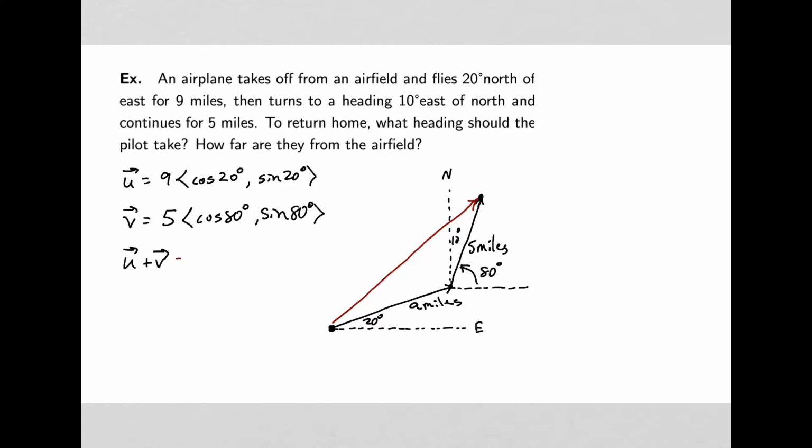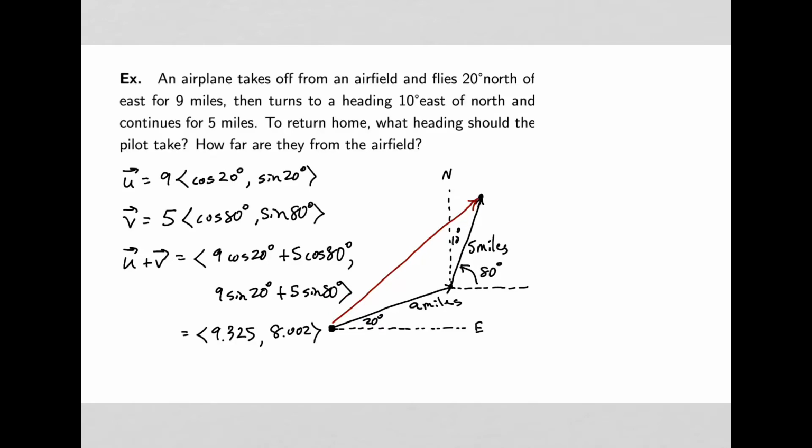But if we come in here and say that this is equal to 9 cosine 20 plus 5 cosine 80, comma, 9 sine 20 plus 5 sine 80, we can go to a calculator, and we get about 9.325, comma, 8.002.